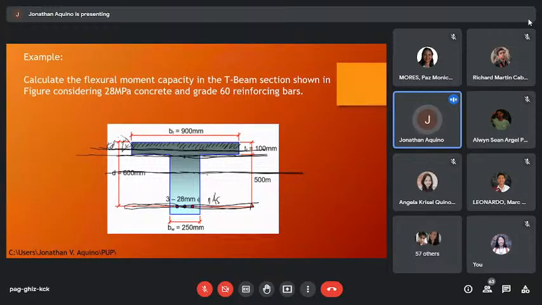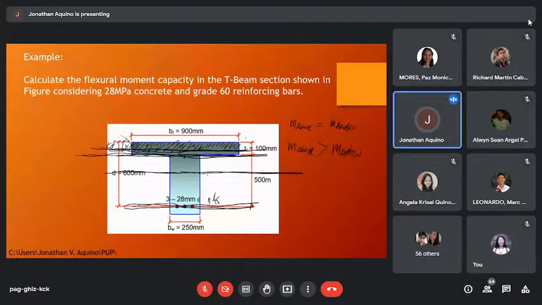To get the centroid, the moment of area above is equal to the moment of area below. So let's say we assume that the centroid is this one. You get the moment of area above, M above. If it is greater than M below, meaning the moment of the area above is larger, your neutral axis is within the flange.